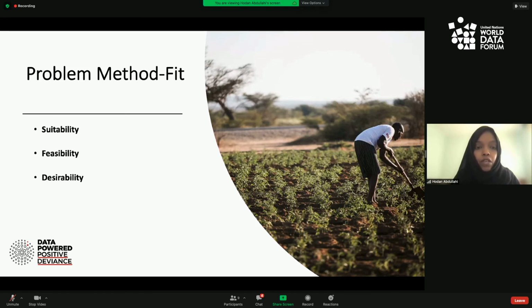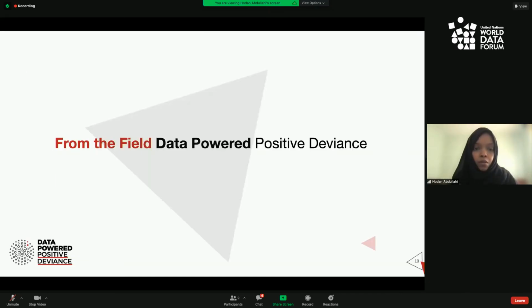In this case, remote sensing data, GIS, and satellite data. And we were also lucky to have GIS analysts on board who helped us on that side.